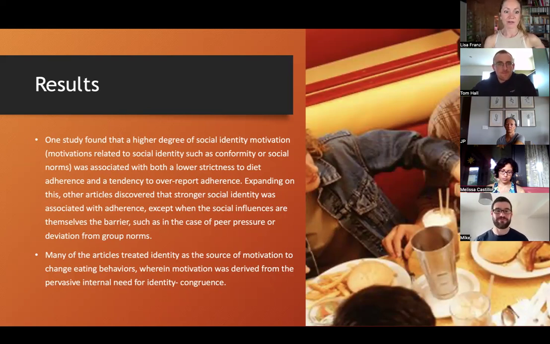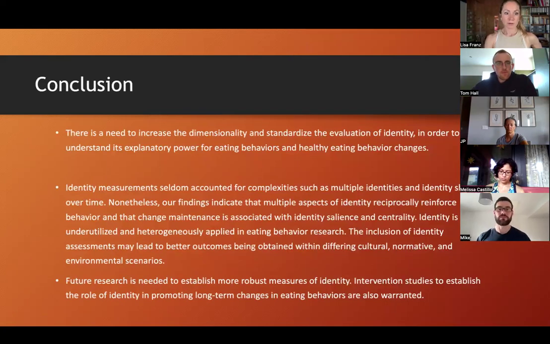Many of the articles treated identity as the source of motivation to change eating behaviors, wherein motivation was derived from the pervasive internal need for identity congruence. In conclusion, there is a need to increase the dimensionality and standardize the evaluation of identity in order to fully understand its explanatory power for eating behaviors and healthy eating behavior changes.